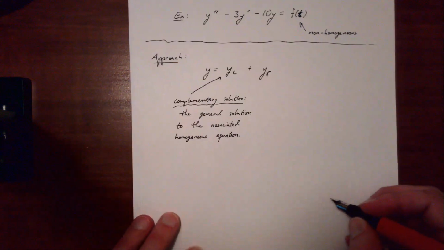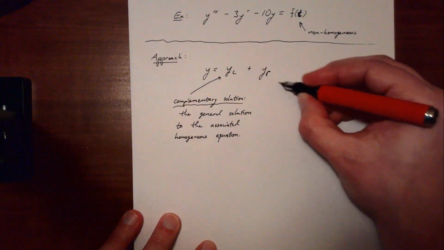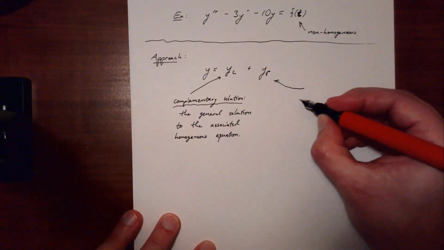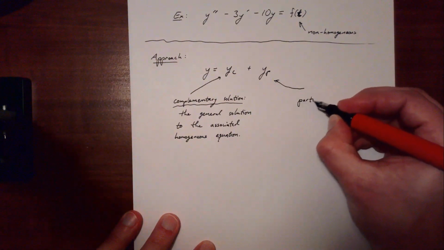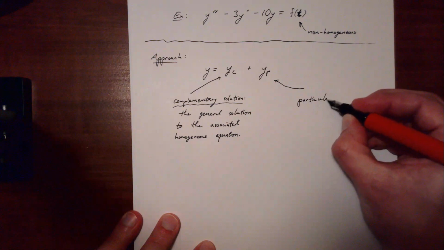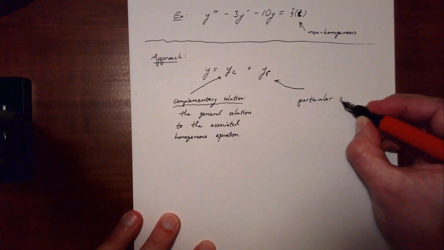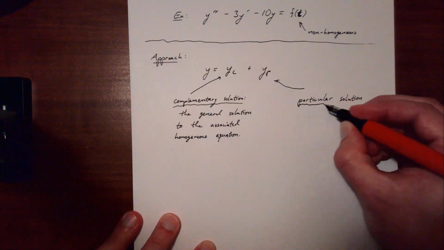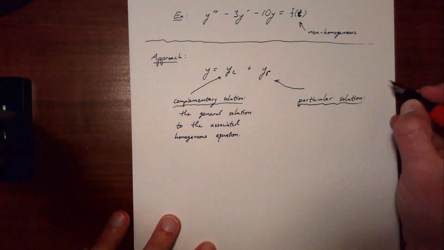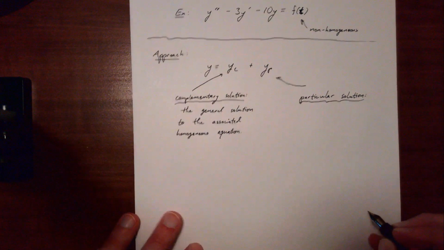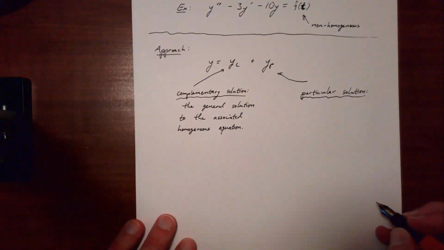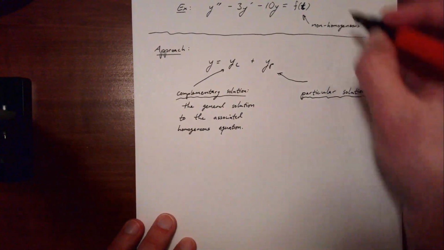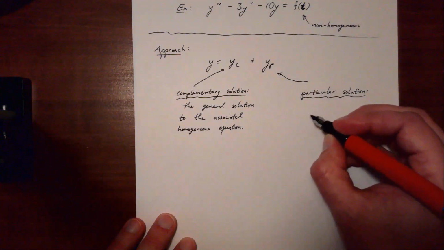Whereas yp here represents what is called the particular solution. Which, as the name suggests, is not a general solution, but is a particular solution for the non-homogeneous equation.